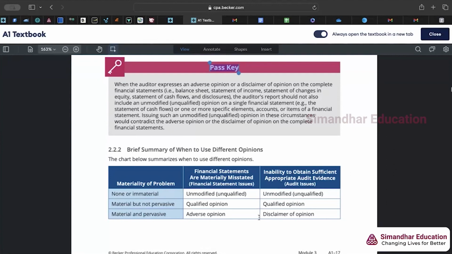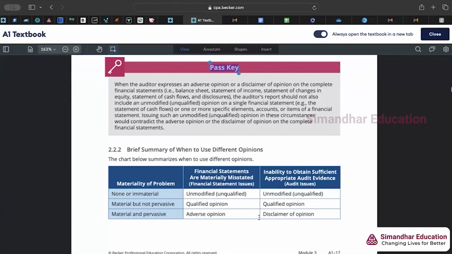Second, what do we mean by emphasis of matter paragraph or other matter paragraph? When we talk about emphasis of matter paragraph or other matters, the auditor feels, based on professional judgment, that there is certain information that needs to go in the audit opinion, but it is not modifying their opinion.